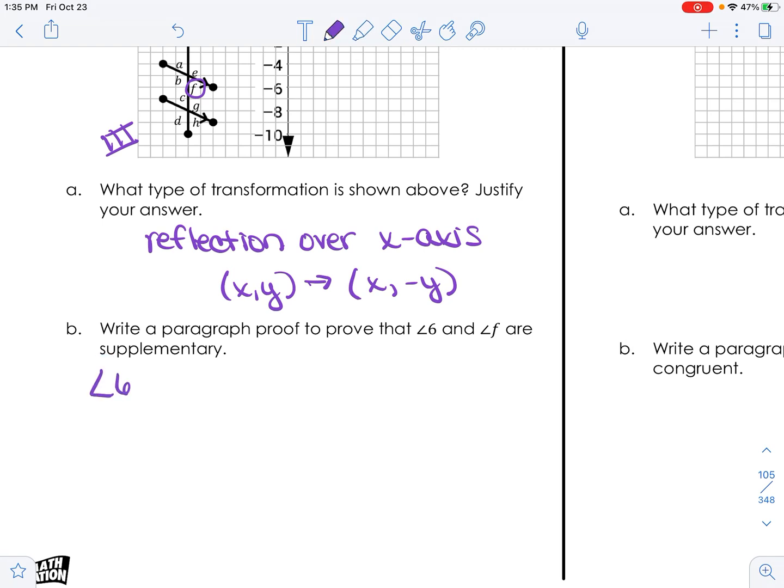Angle 6 and angle 7 are supplementary. And if you just write sup, I'll know what you mean, as long as you know what you mean.